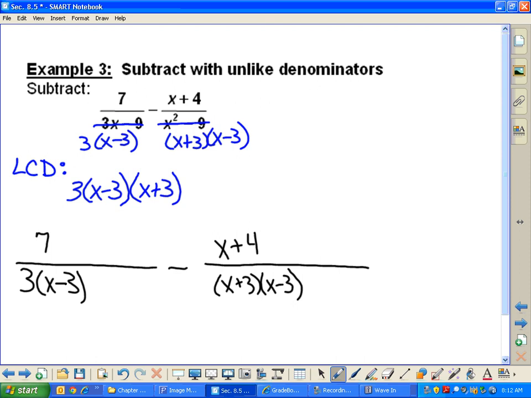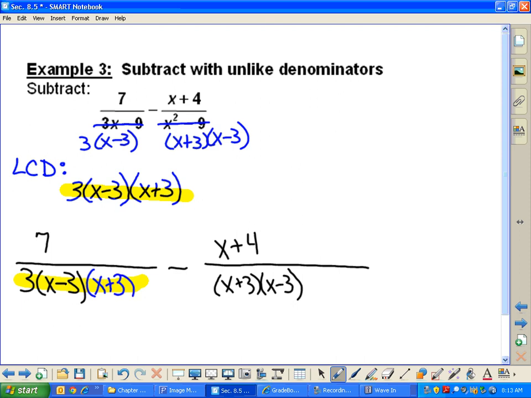Now I have to insert the factors that are missing to get back to my LCD. So I'm trying to compare this line here to my LCD, and I have to insert anything that's missing. So what's missing? Good, patience. Yeah, a factor of x plus 3 is missing to make this match my LCD. Do you see how it matches now? They have to be the same.